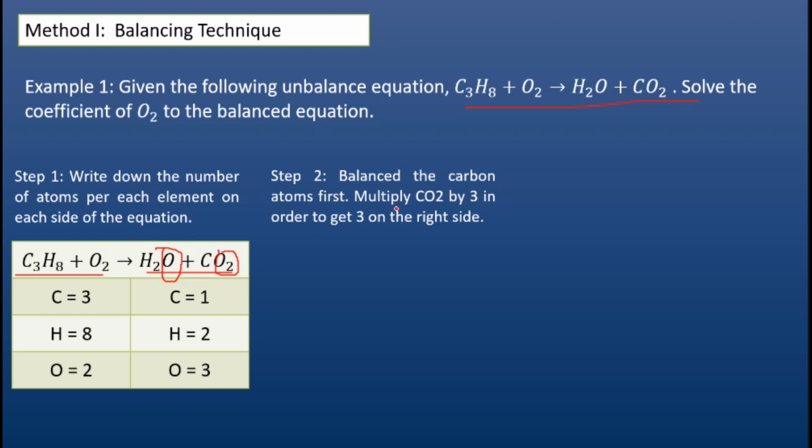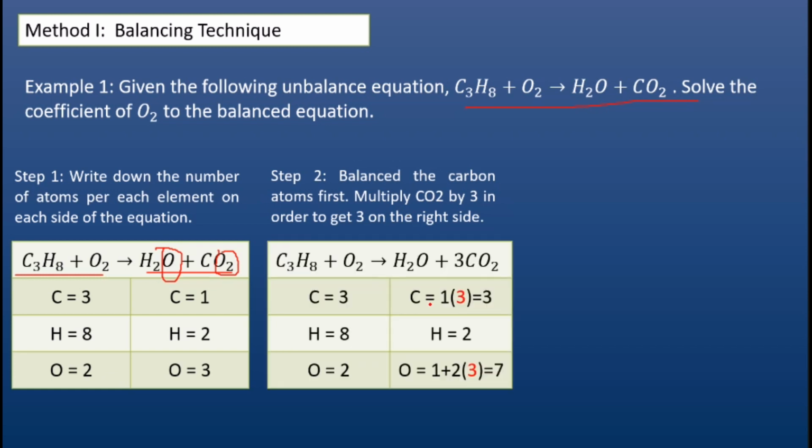We can multiply CO2 by 3 in order to get 3 on the right side.